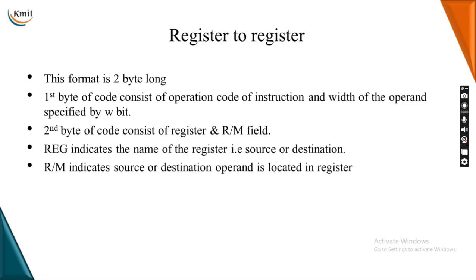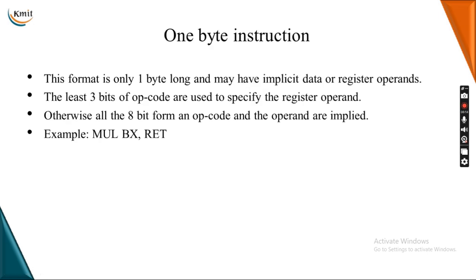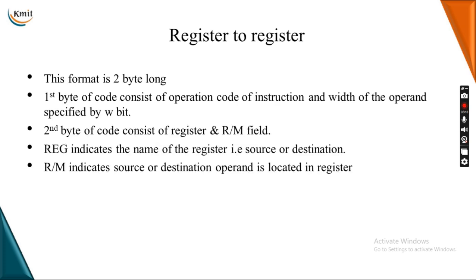Then the second one is register to register. In this instruction you can transfer the information from one register to another register. This format is 2 bytes long, whereas the first one is 1 byte long.